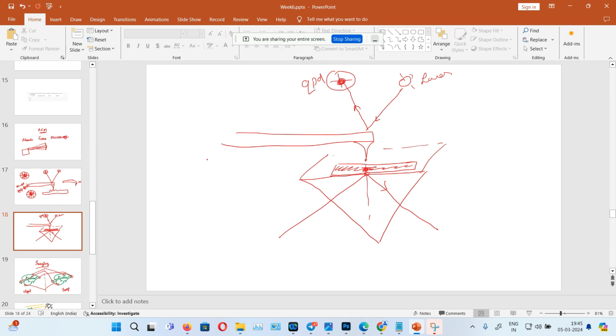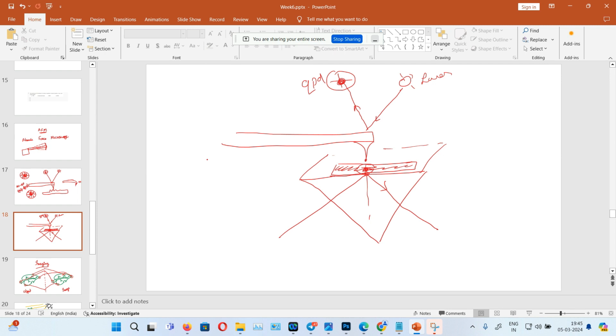The sample will absorb the light and it will bulge. When it bulges, there is a chance that this AFM tip is getting deflected. So whenever the evanescent field comes here, the sample will bulge, and the AFM tip will detect that particular region and give the corresponding signal. So here detection is happening in the form of AFM resolution. You will get a nanometer range resolution in this one.